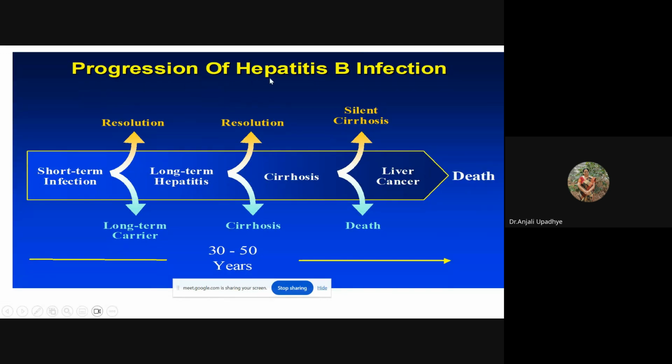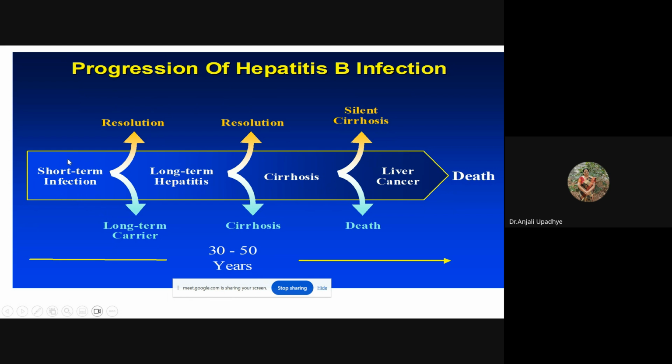Now, the progression of hepatitis B infection. Short-term infection is there, resolution is there, long-term carrier is there. Then long-term hepatitis, again resolution, cirrhosis, silent cirrhosis, liver cancer, and death, 30 to 50 years.